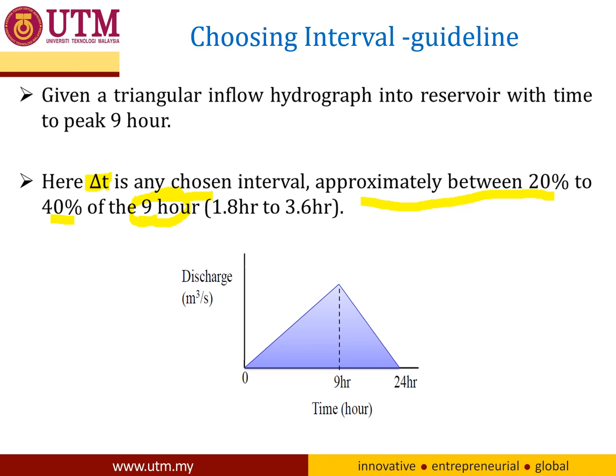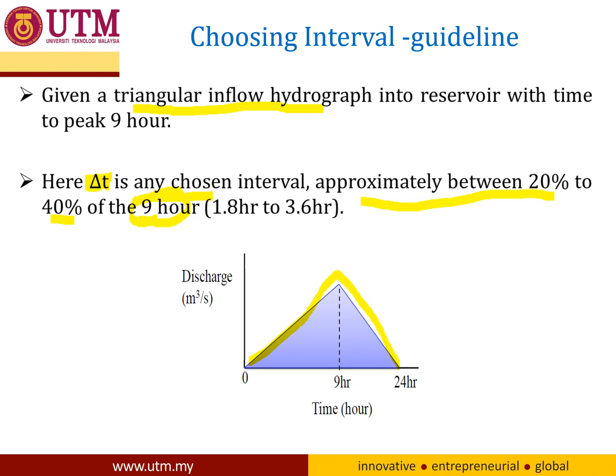For this example, we are given a triangular inflow hydrograph. Why is this triangular? There is a method. This is like a design inflow hydrograph. We don't have observation data, but we can estimate the inflow hydrograph, so the shape is triangular.